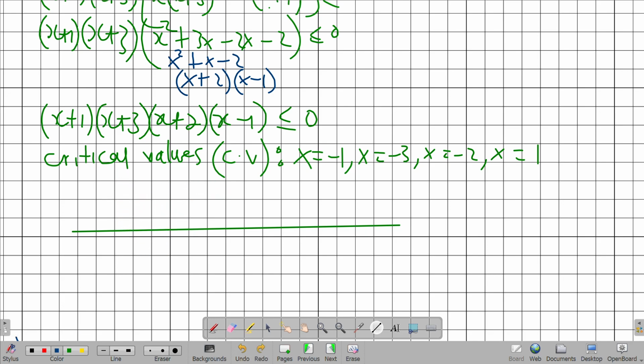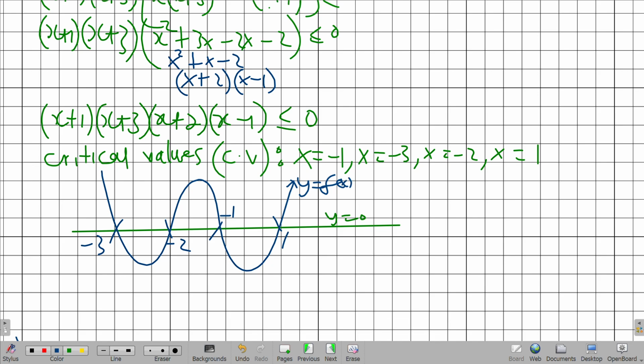What's happening here? 1, 2, 3, 4, where this part is equal to minus 3 and this part is equal to minus 2, in that order, and this part is equal to minus 1 and this part is equal to 1. Remember, this is your y is equal to 0 and this is just a graph representing y is equal to f of x, that function. So we are looking to interpret this part, it is less than 0, and the part that is less than 0 is easy to identify right now.